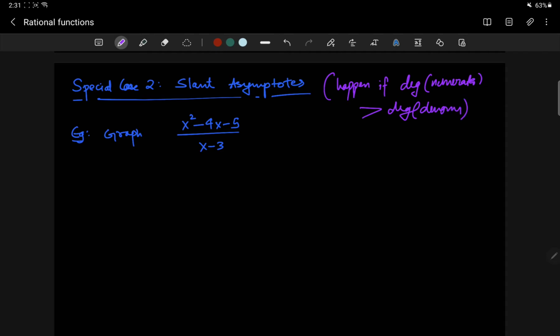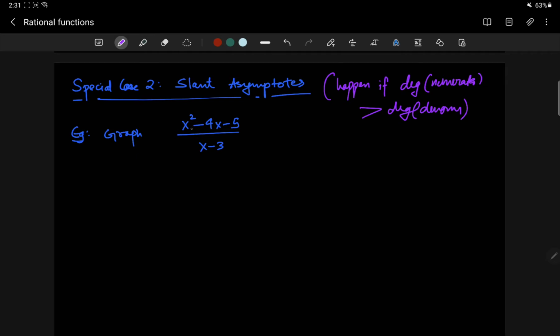So if you're plotting a rational function and you notice that the degree of the numerator is larger than the degree of the denominator, then that automatically tells you that this is going to have a slant asymptote. And let's see why that is so.